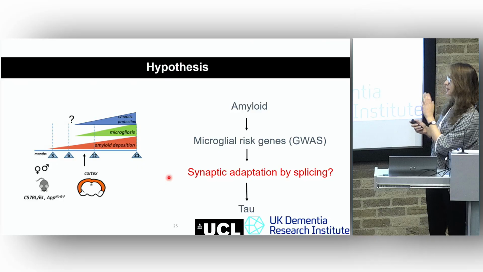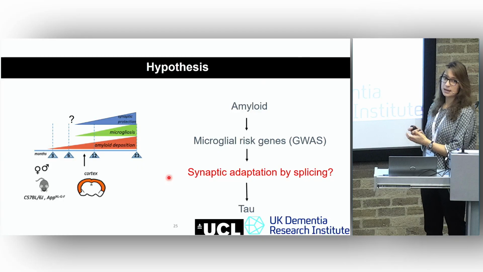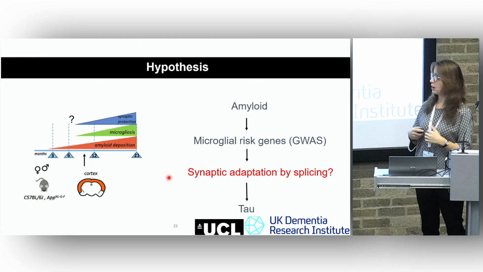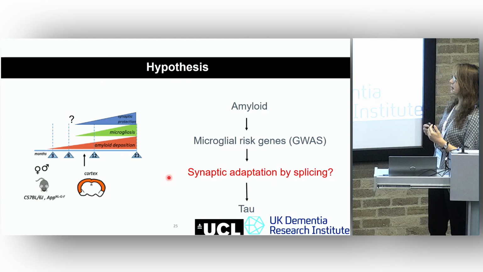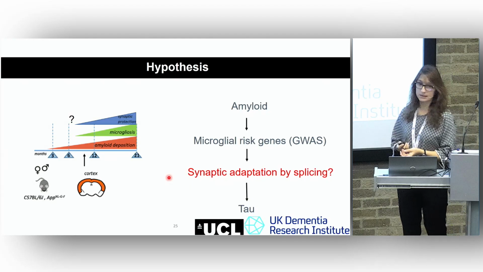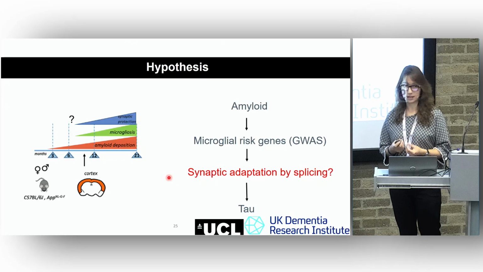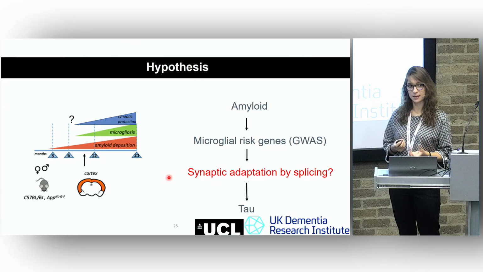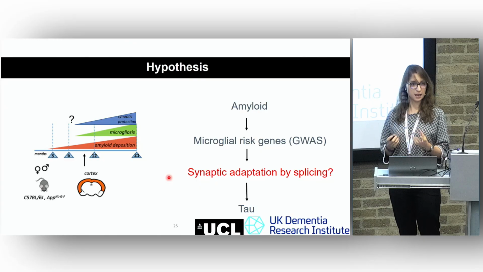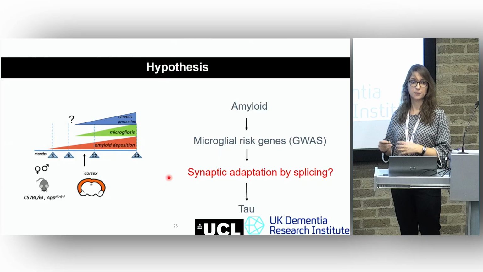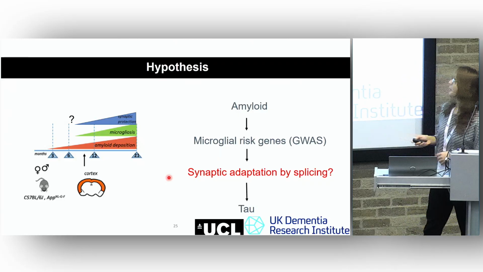So we think that synaptic adaptation by splicing is downstream of the risk variants, and this might be due to the synaptic protection at that stage, and in the mouse model, the neuronal death or, in humans, tau pathology occurs after this stage.